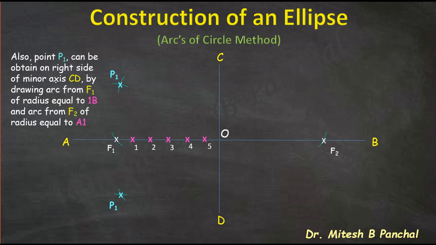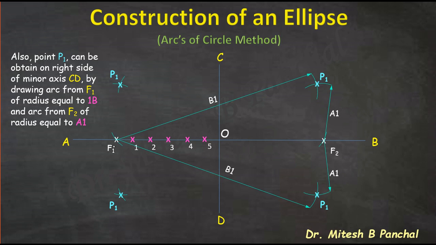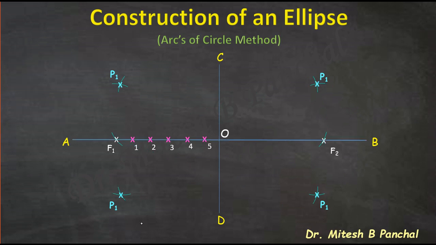So P1 can be obtained on the right side of the minor axis CD by drawing an arc from F1 of radius equal to now 1B and from F2 an arc of radius equal to A1, right? So we can obtain point P1 with the same radii from F1 and F2 on all the four sides.